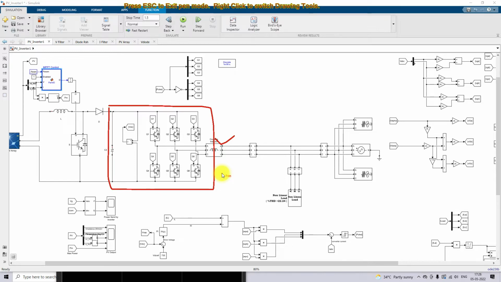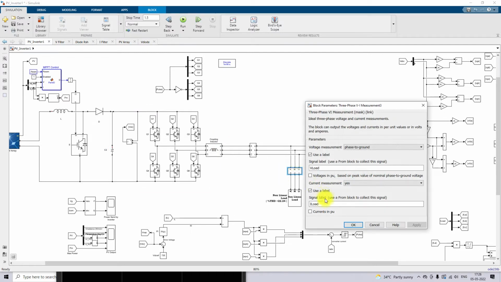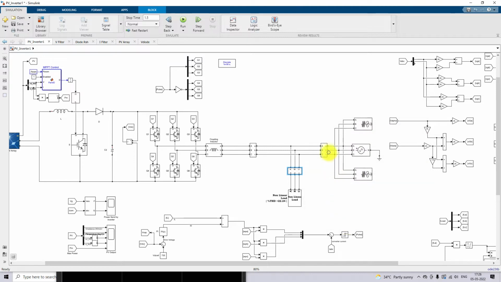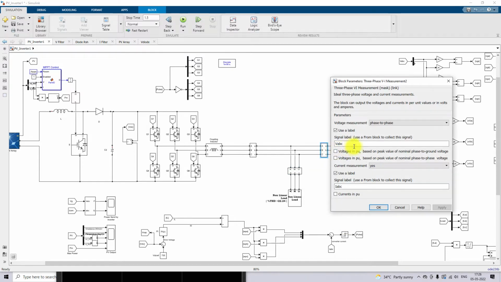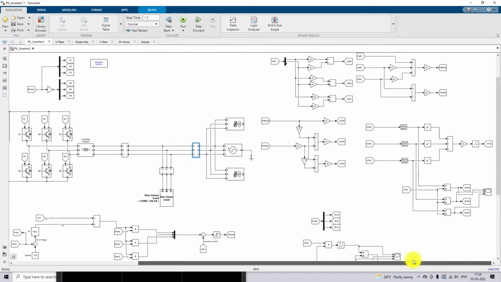In the active current coefficient control concept, you have to measure the load current, and you also have to measure the phase to phase voltage of the grid. First we convert the phase to phase voltage of the grid into phase to ground using this formula.